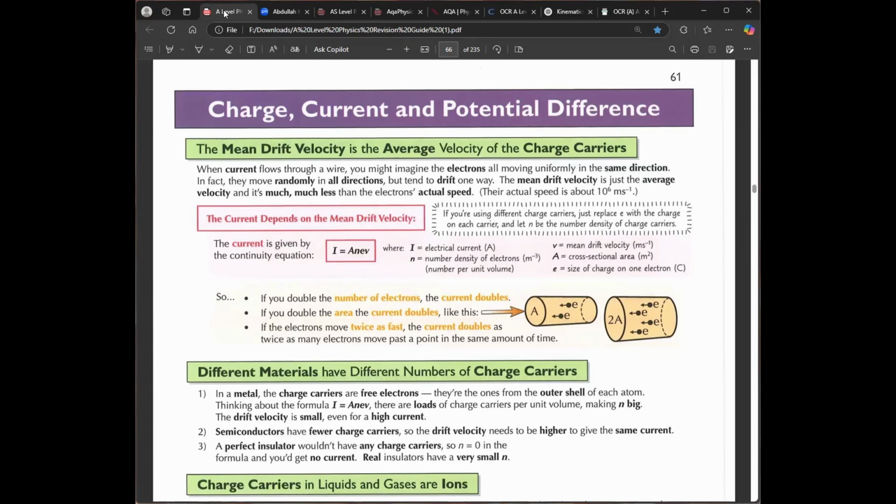N is the number density of the electron. So number density is the number per unit volume. So whatever is the number of electrons that you have in a unit volume, that is represented by N. Obviously, for a metal, this would be a greater number, and for an insulator, it can be a little bit up from zero.